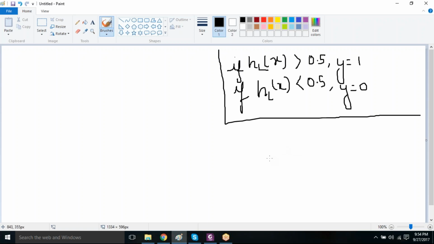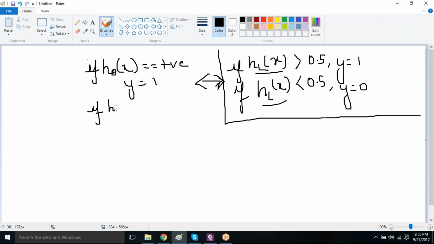Now people said, can you define this logistic regression in terms of linear regression? Because ultimately, to calculate this hypothesis, you are using linear regression only. So can you convert this into linear regression? Yes, it can be converted. How? If the linear regression value is greater than 0, or I will write it something like this, if it is positive, then my y will be 1.